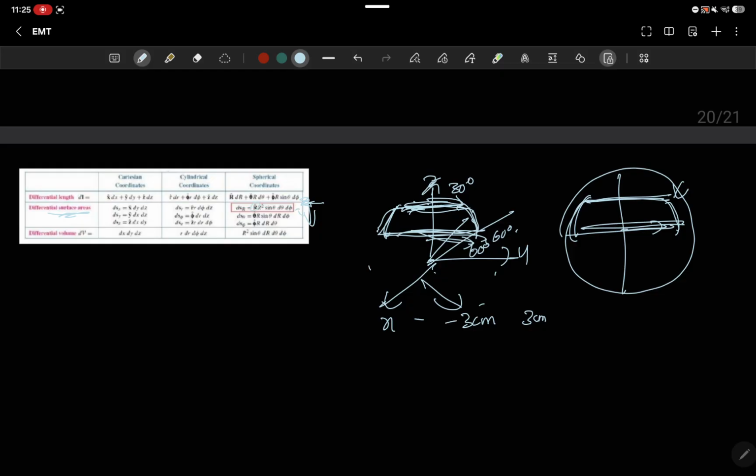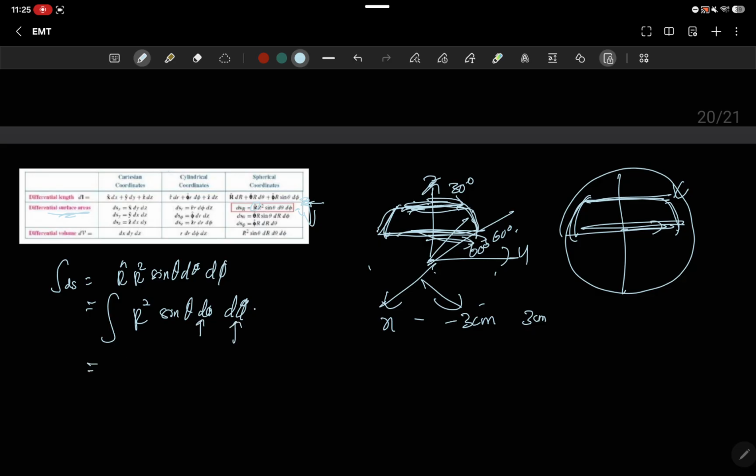Now we take the first one. By taking this we notice that we need to write it as r hat, r squared sine phi. Now we need to integrate this. We integrate this first, then this.